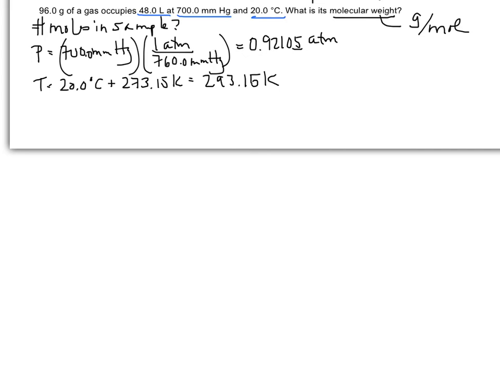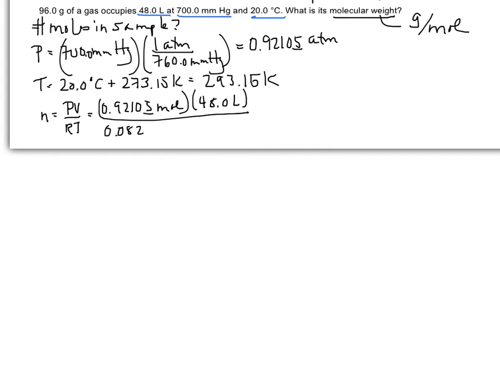So now I can use the ideal gas law. n equals PV over RT. So I get my 0.92105 atmospheres. My volume, which is 48.0 liters. My gas constant, 0.0821 liter atmospheres per mole Kelvin.